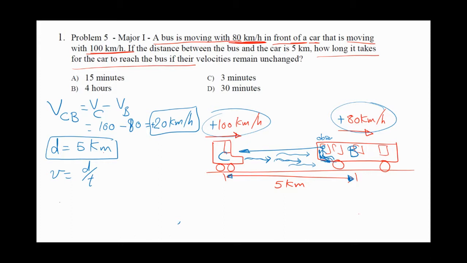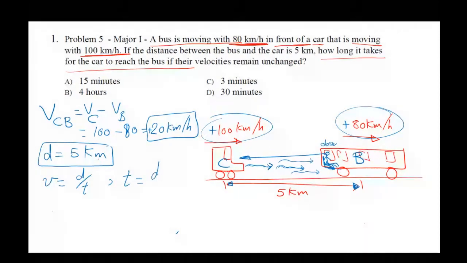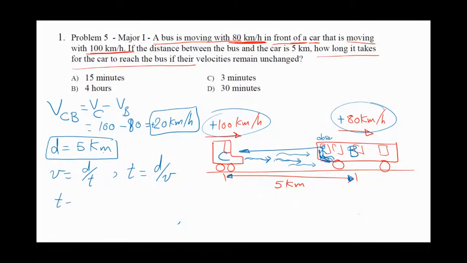It's just a straight line motion. Or you can say the time equals distance over speed. So the time is the distance, 5 kilometers, divided by the speed, 20 kilometers per hour. The result is 1 over 4 hour.